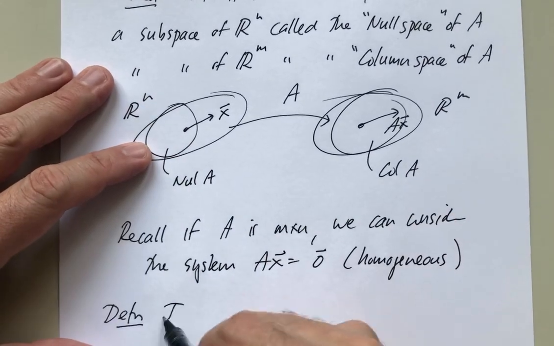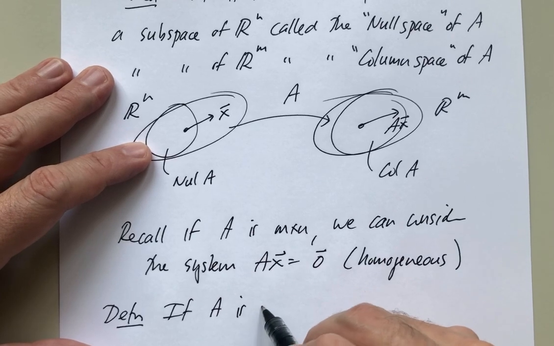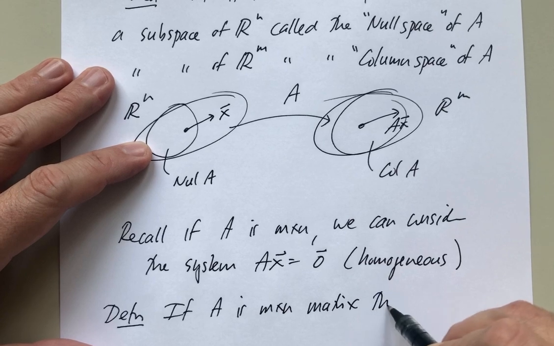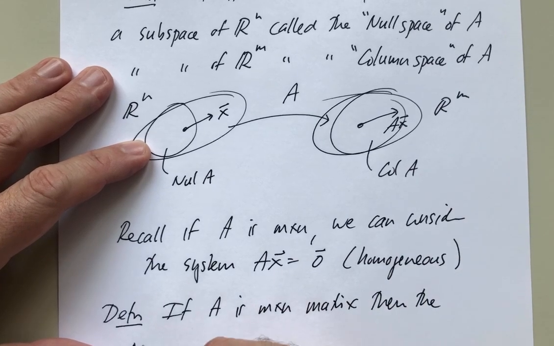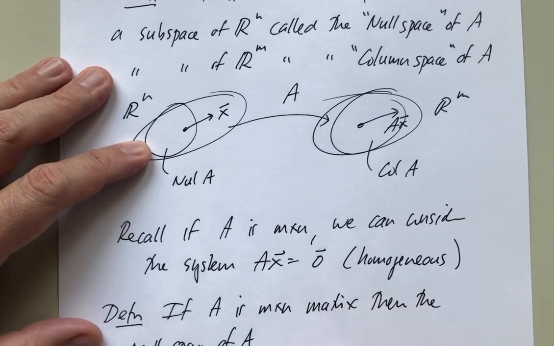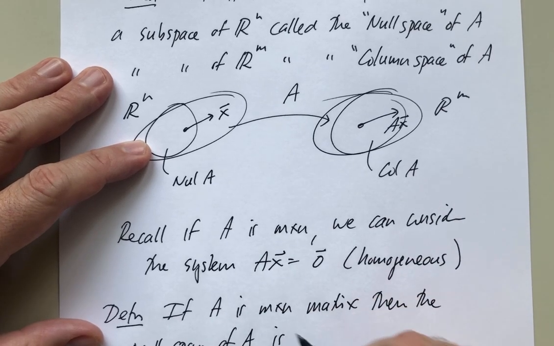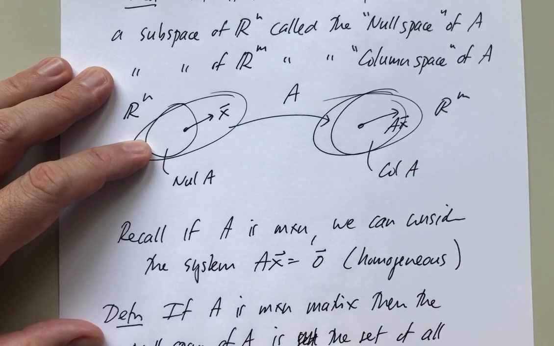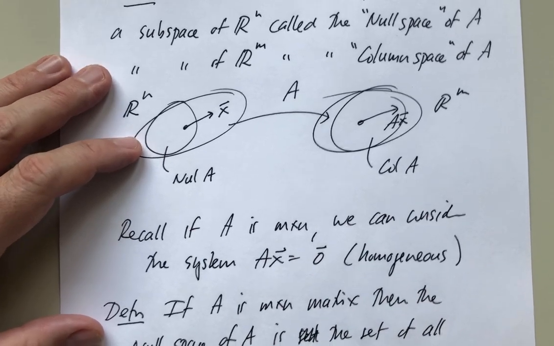So if A is an m by n matrix, then the null space of A is the set of all solutions to that homogeneous system.